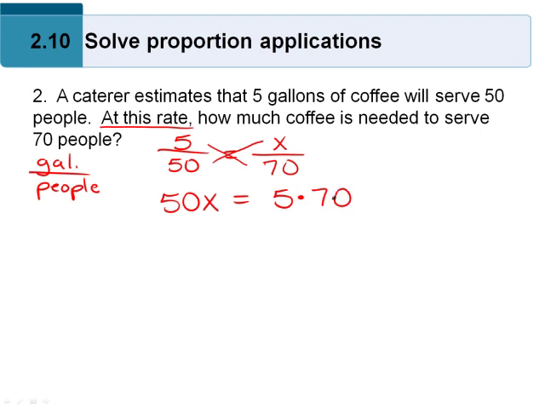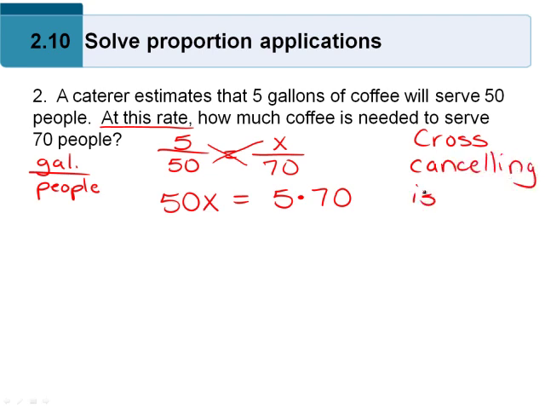Now, one thing I should tell you here, some people might want to try and cancel the 5 and the 70 before you get started. You cannot do that. You cannot cross cancel in a proportion. You can only cross multiply. So be very careful about that. Cross canceling is not allowed.